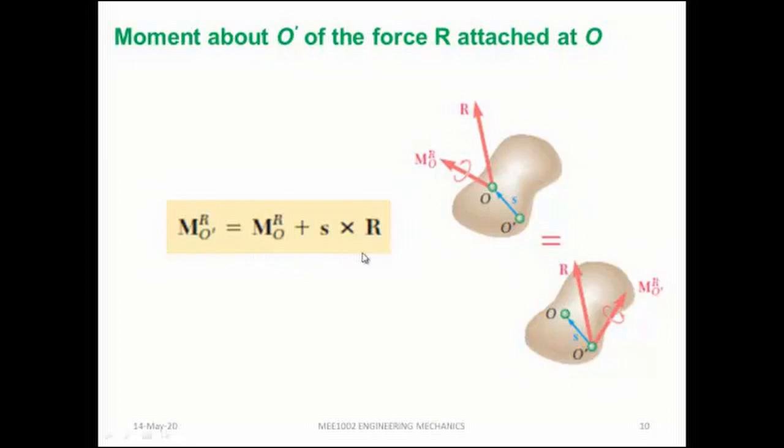So this can also be understood. Find all about a point. Now to transfer to another point, we have to write this vector expression to find out the effect of the force on another point.